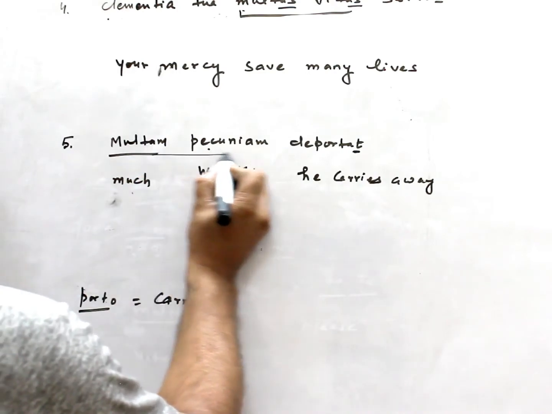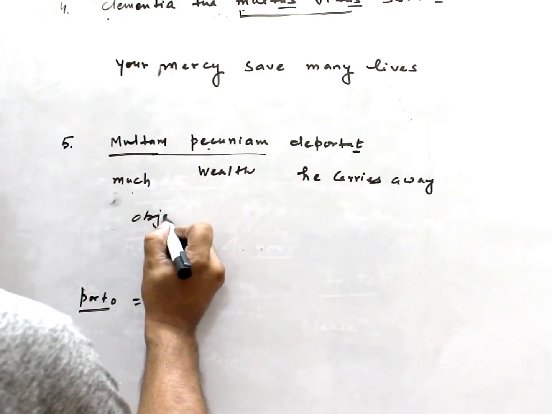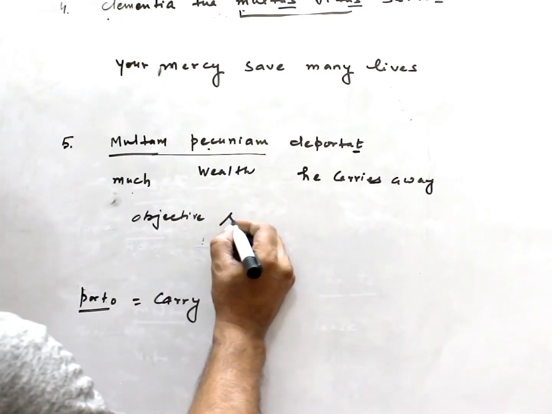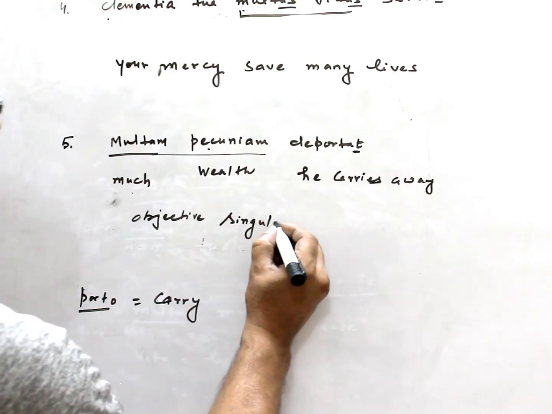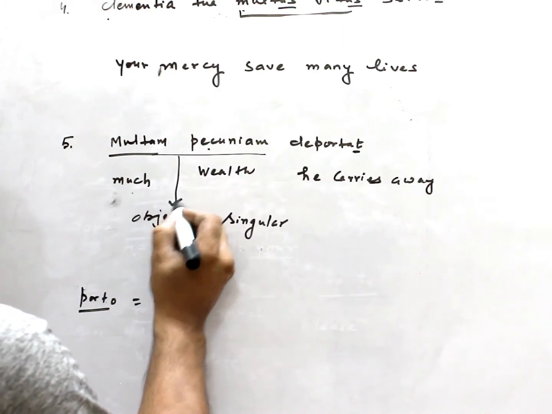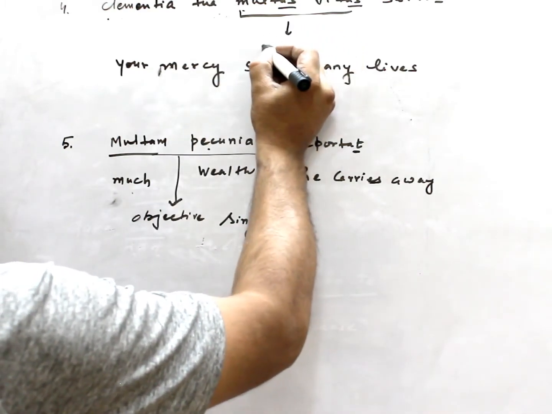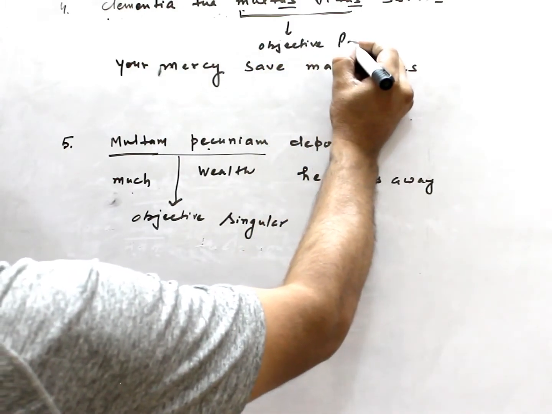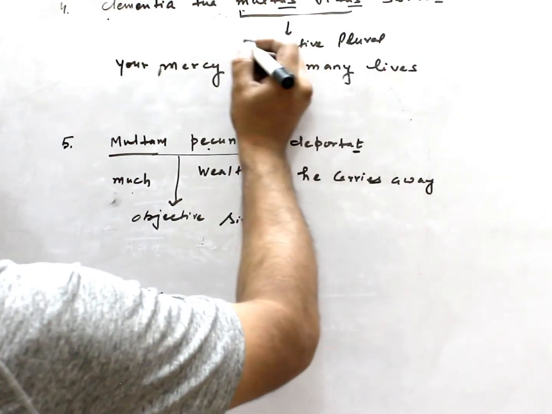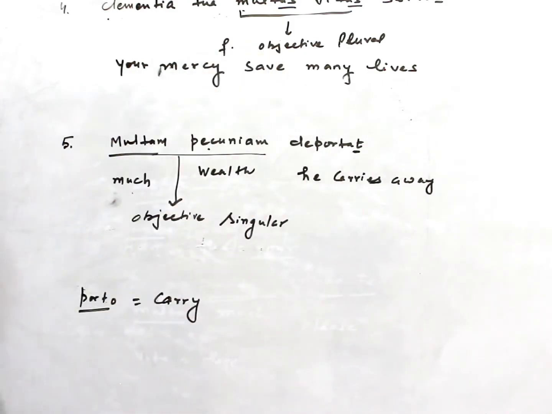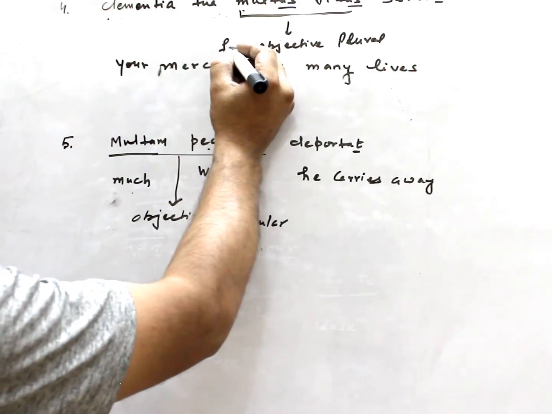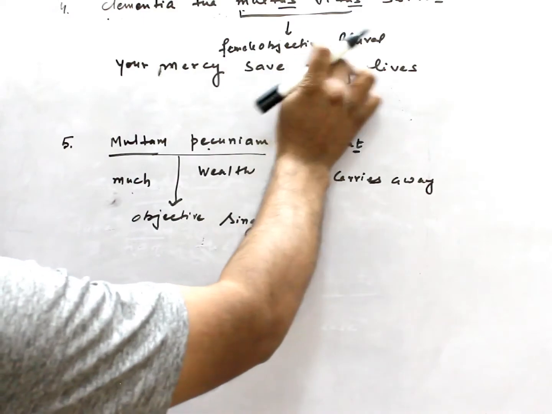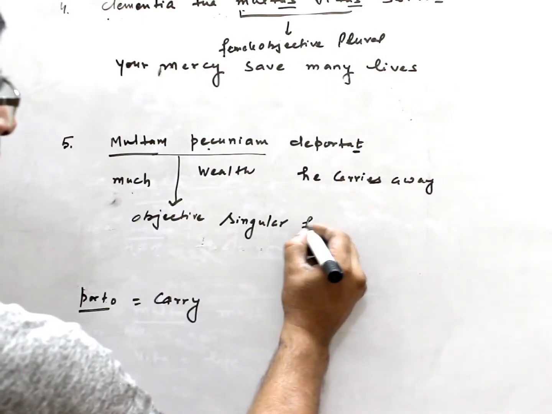Because these two are objective singular, and this is objective plural, and this is female, femina, female objective plural.